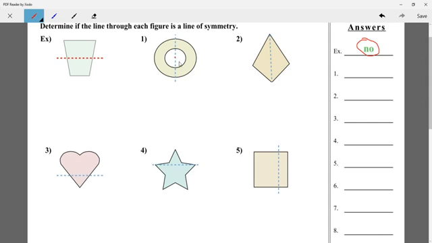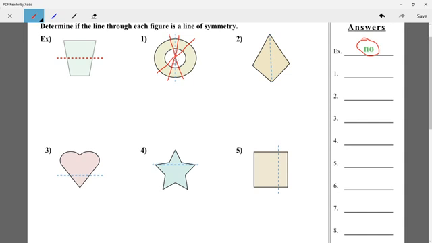Any line that you draw through the middle point of the circle will be a line of symmetry, right? I could draw this line, this line, this line. So you could theoretically draw almost an infinite number of lines of symmetry in a circle.